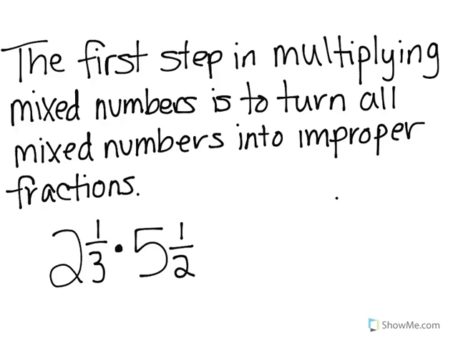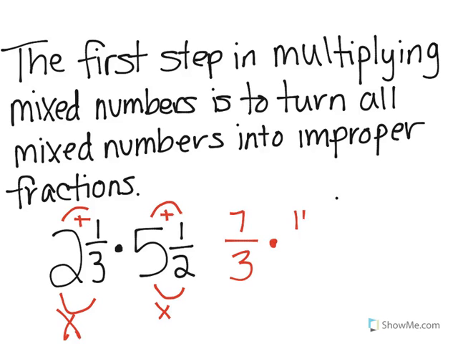So the first step in multiplying mixed numbers is to turn all the mixed numbers into improper fractions. So in this problem, you see we're multiplying two mixed numbers. Let's turn them both into improper fractions. 3 times 2 is 6, plus 1 is 7, keep our denominator, 7 over 3, times 5 times 2 is 10, plus 1 is 11 over 2.